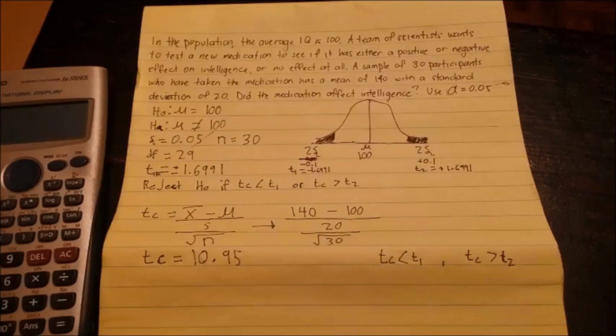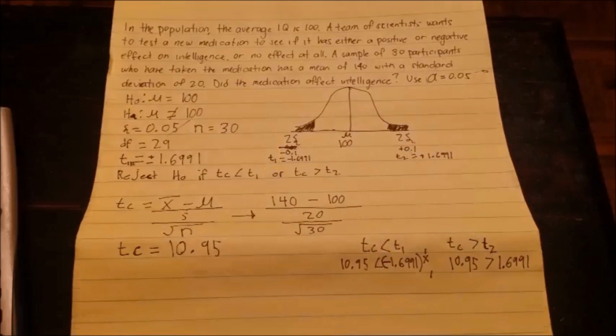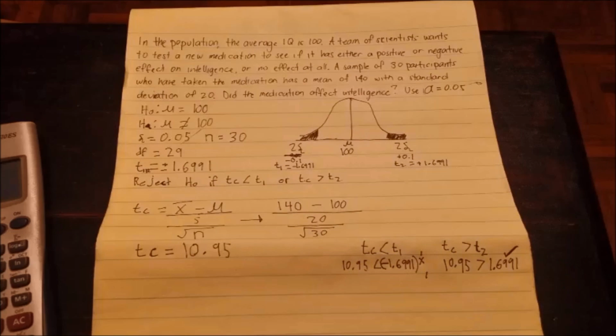Now we are going to check our decision rule to see whether we accept or reject the null hypothesis: Tc less than T1 and Tc greater than T2. So 10.95 less than negative 1.6991 is false, and 10.95 greater than positive 1.6991 is true.